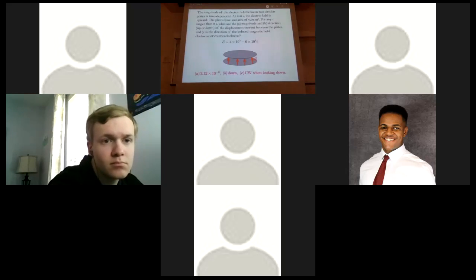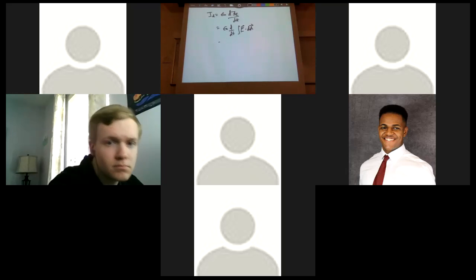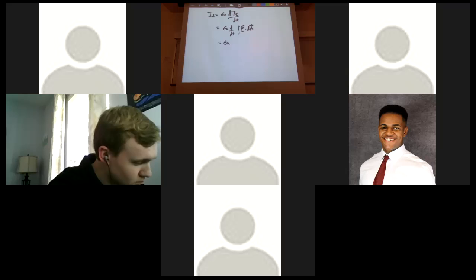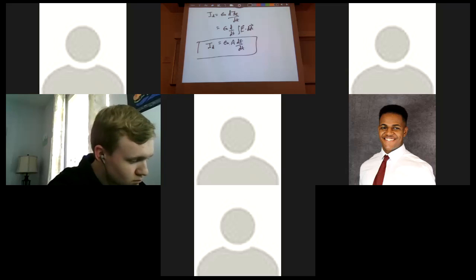No. So we're going to assume it's spatially constant, which means that this thing is just going to become epsilon naught A dE/dt. So in this case, you're just starting off with this. Okay, so this is your displacement current. So this is going to give you the magnitude of the displacement current.